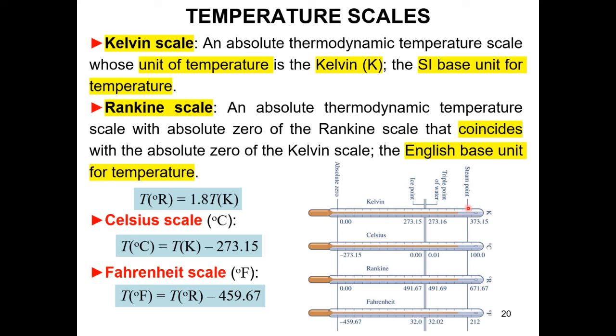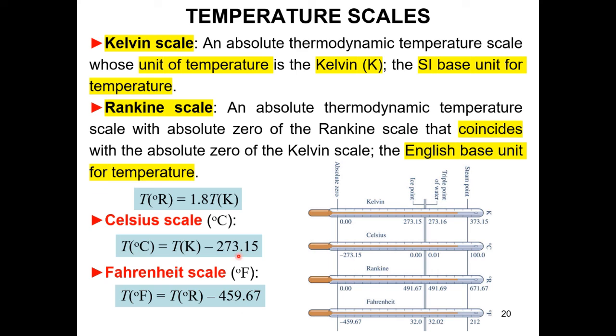Why Kelvin? Because the zero starts from absolute zero, then it increases. So the steam point will be reached at 373.15. And why is Celsius always used? Because the steam point we always refer to is at 100. But it can start from negative 273.15.